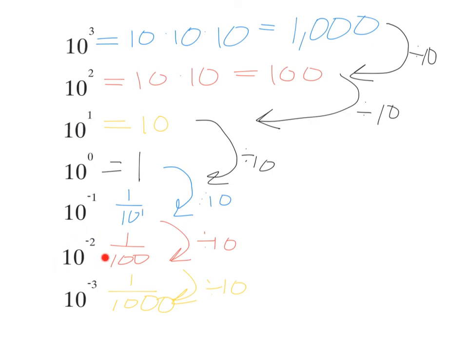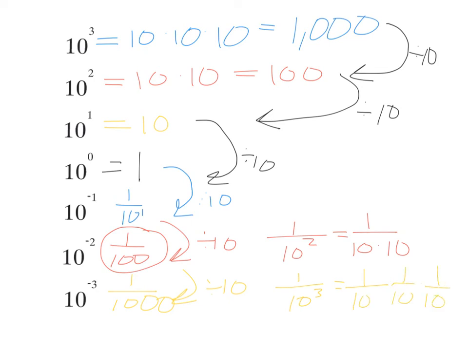If it's 10 to the negative 2, that's equivalent to 1 over 10 squared, which is the same as 1 over 10 times 10, which is equal to 1/100th. 10 to the negative 3 would really mean 1 over 10 to the third, which is the same as 1 over 10 times 1 over 10 times 1 over 10, because we're multiplying it 3 times, which gives me 1,000th.